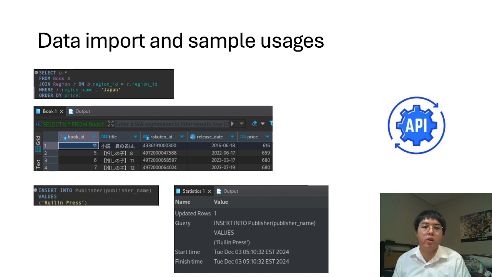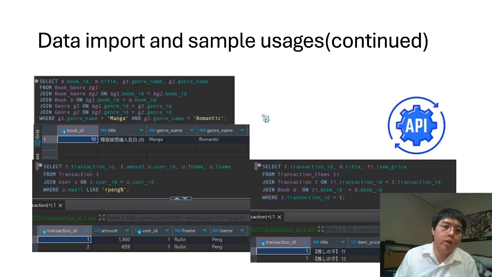In order to filter more effectively, instead of using the region ID for filtering, we want to use the actual region name of Japan, so that really involves joining the tables, both tables involved here. There are only two because this is a many-to-one relationship. And in order to write, we use the insert operator with this syntax to input the new data.